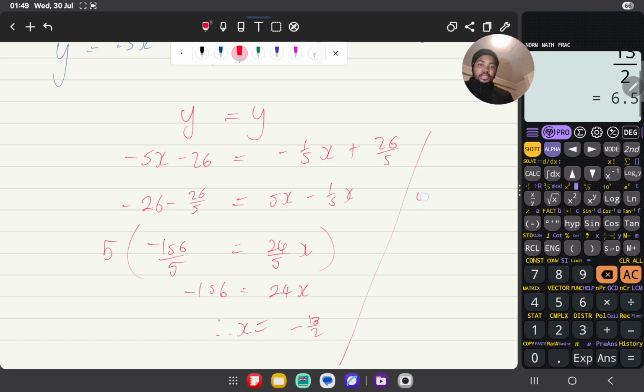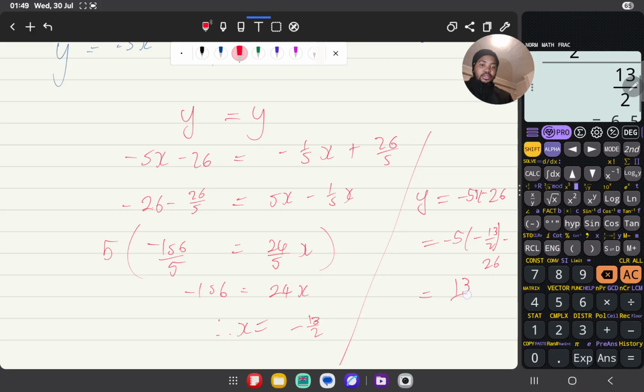And then I say y equals minus 5x minus 26. So therefore y is going to be minus 5 into minus 13 over 2, minus 26.